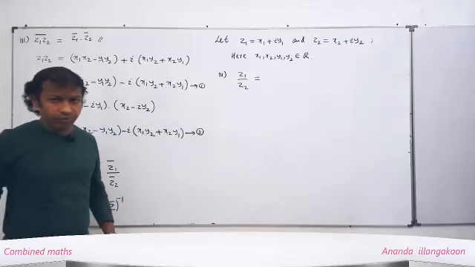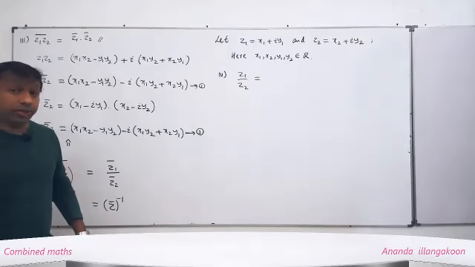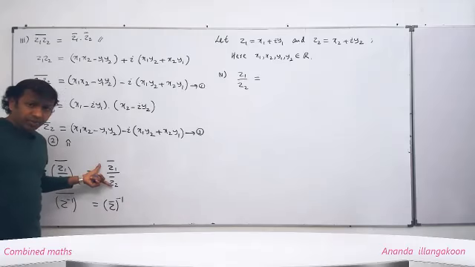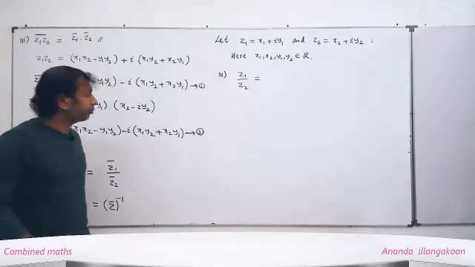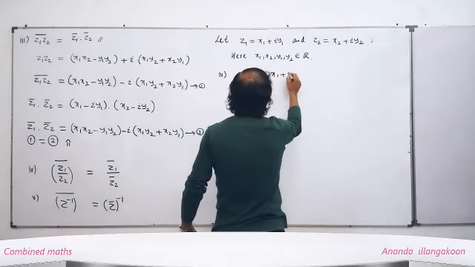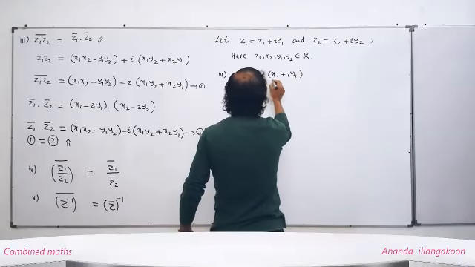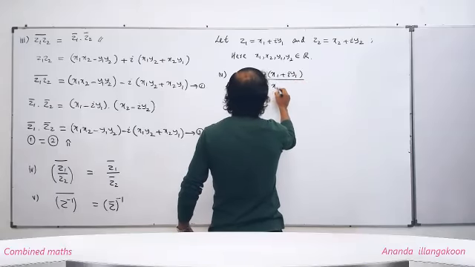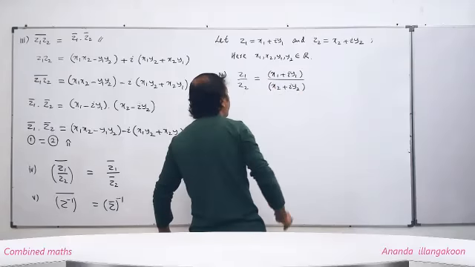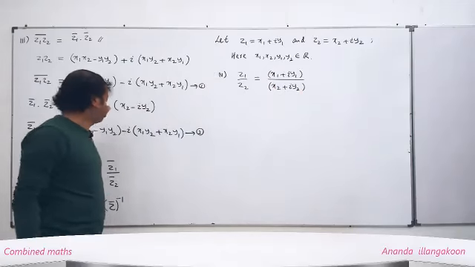Z1 divided by Z2 we find. Thereafter, we take its conjugate. Then the right hand side Z1 bar and Z2 bar we divide. Right. Z1 divided by Z2. X1 plus IY1 divided by X2 plus IY2. This way.